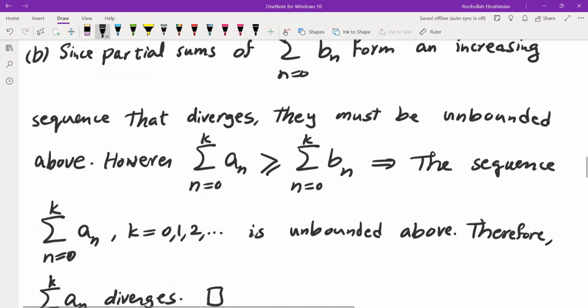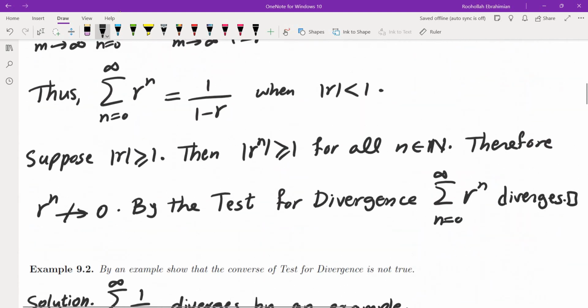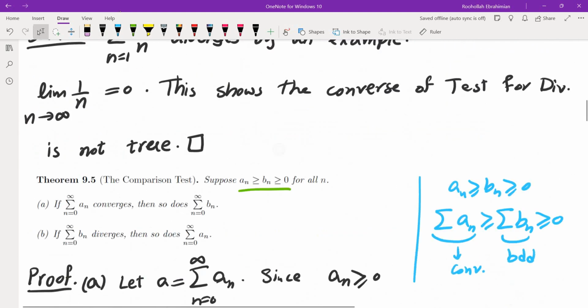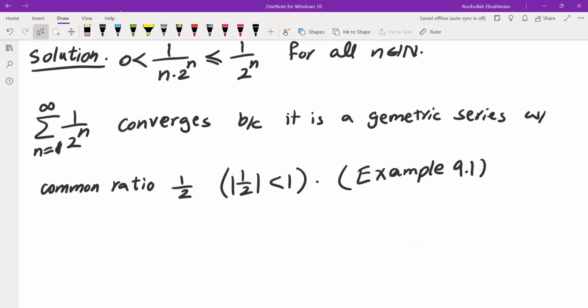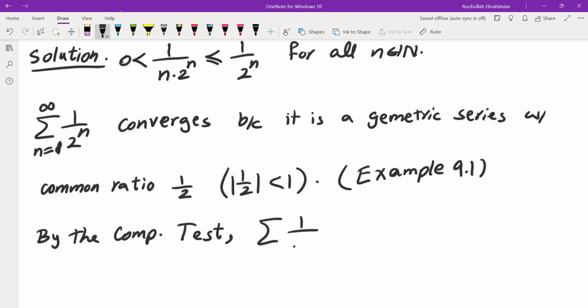I will write it down here: Example 9.1, the first example we did today. So this converges. So by the comparison test, the larger series converges, therefore the smaller one would also converge. The sum of 1 over n times 2 to the n, n equals 1 to infinity, converges.